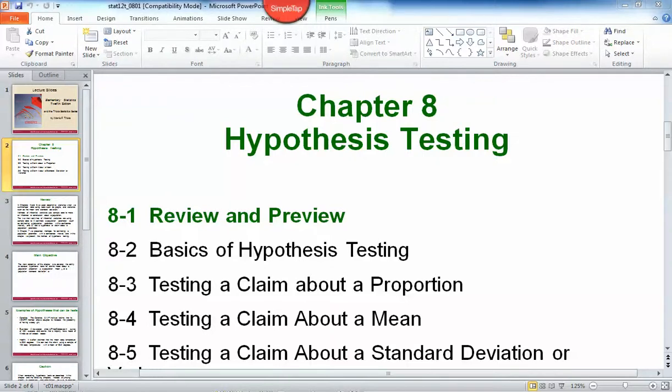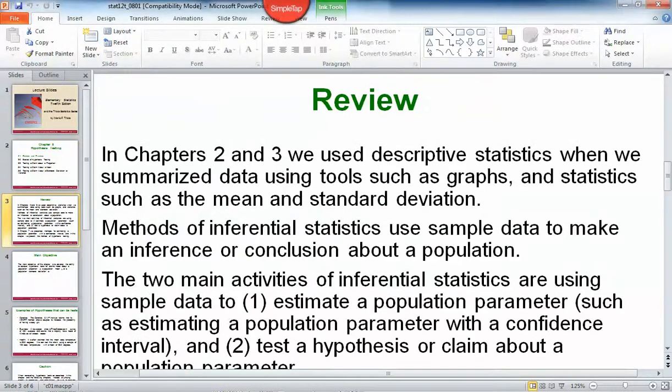So Chapter 8, Hypothesis Testing. The first couple chapters we used descriptive statistics whenever summarizing data. Now we've moved into inferential statistics.